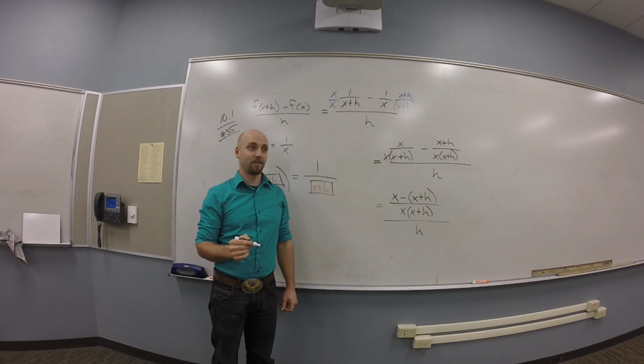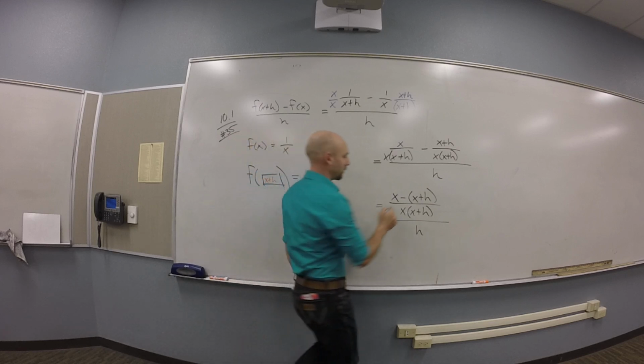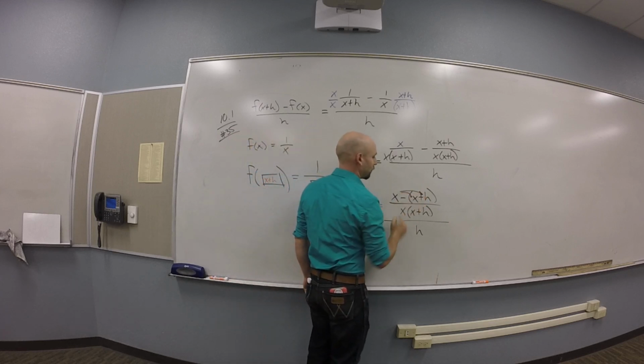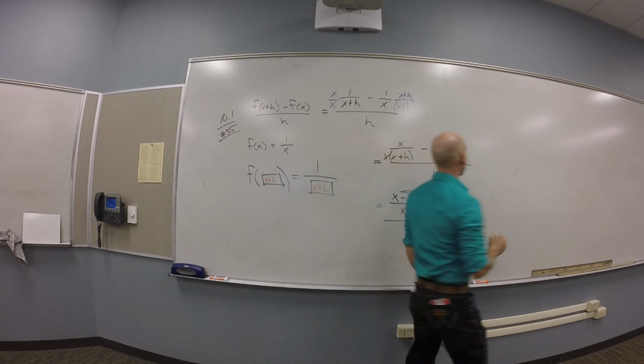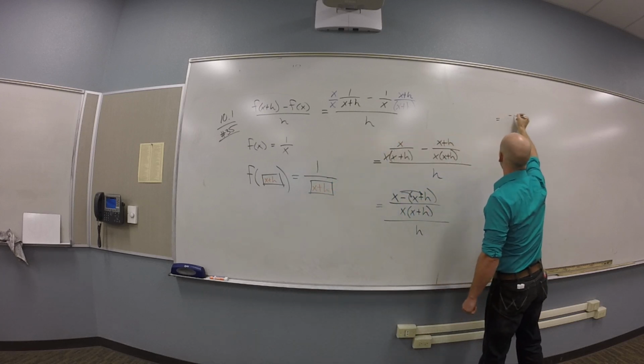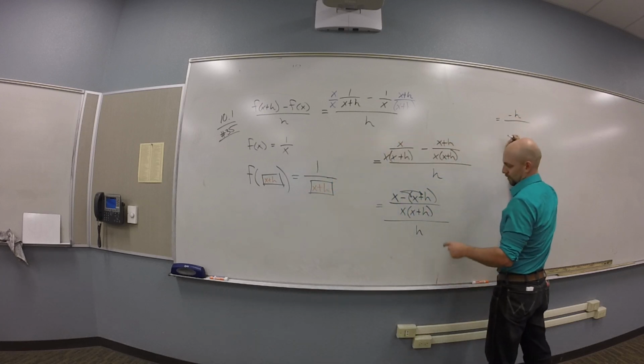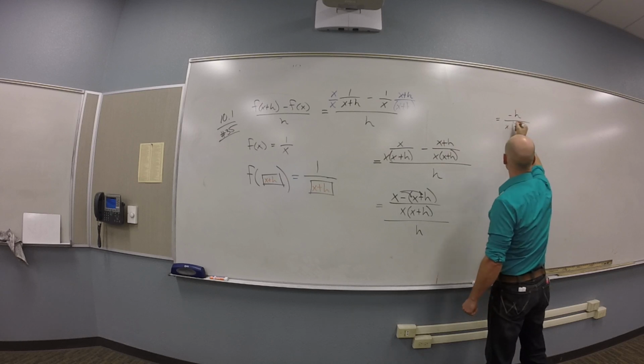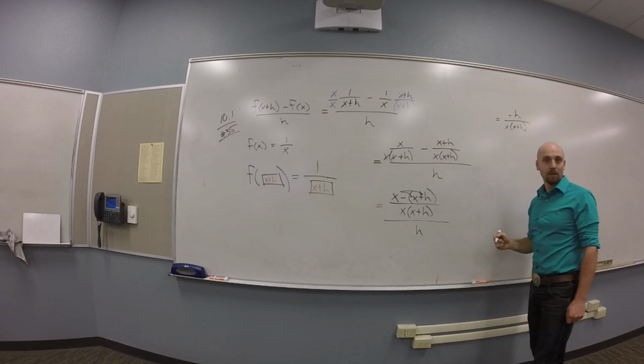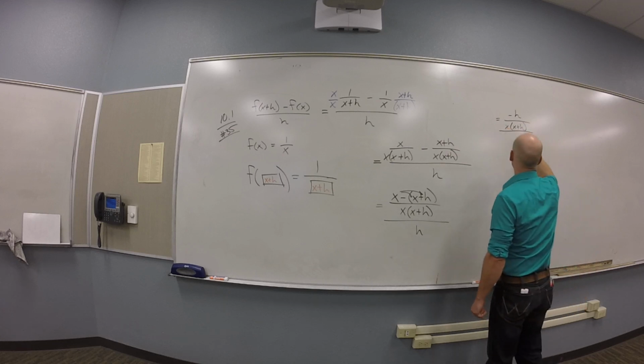Negative h. Negative h on the top, right? Distribute that minus sign in, and then combine like terms. So I think I got a minus h on the top, and an x times x plus h on the bottom, and then an h on the bottom.